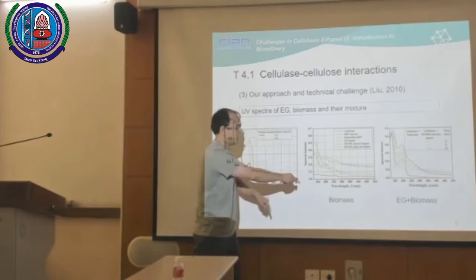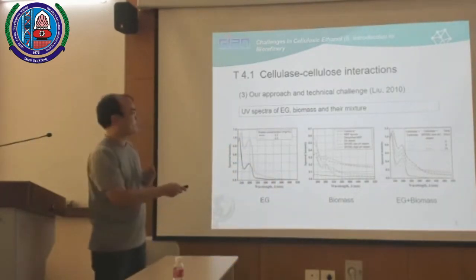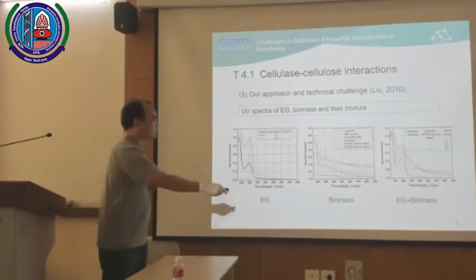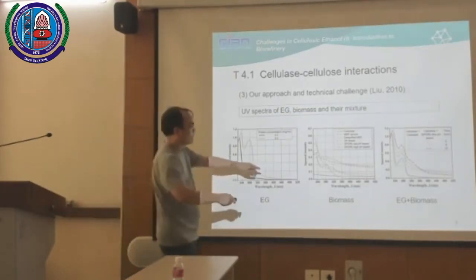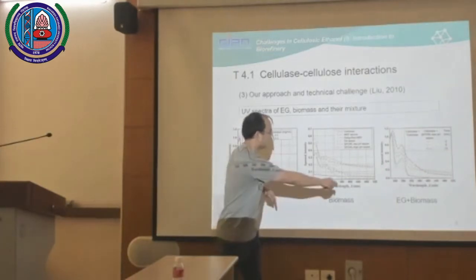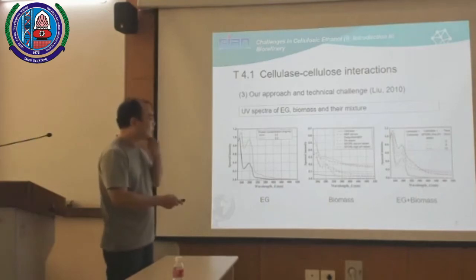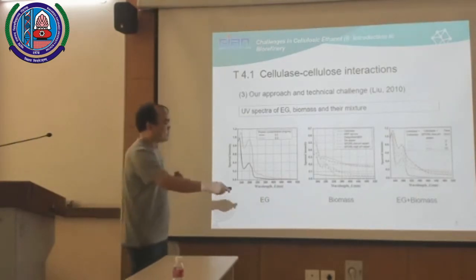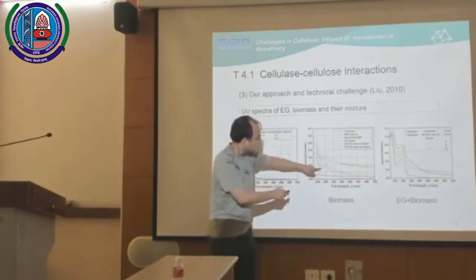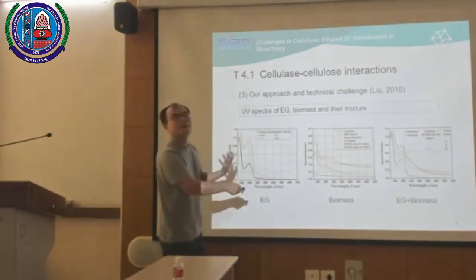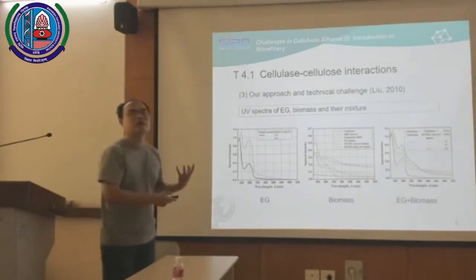Cellulose generally is pure, from filter paper. So it causes strong light scattering in a wide range. And for other biomass, it causes not only the light scattering, but also the light absorption in the UV range, because of the leaching of lignin.